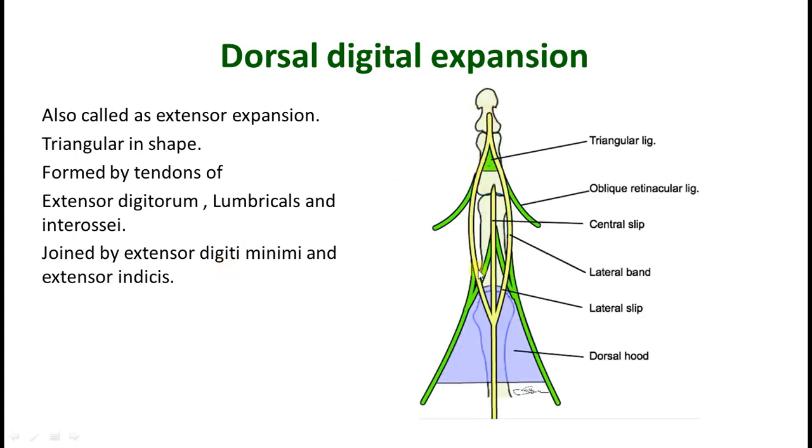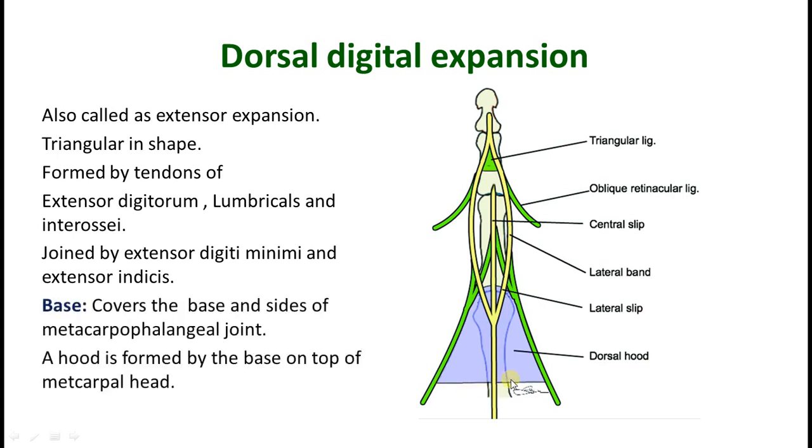Here you are able to see a very schematic or diagrammatic representation of the extensor expansion. First of all, you see this is the base of the expansion. It covers the base and sides of the metacarpophalangeal region, and it forms a hood on top of the base of the metacarpal head.